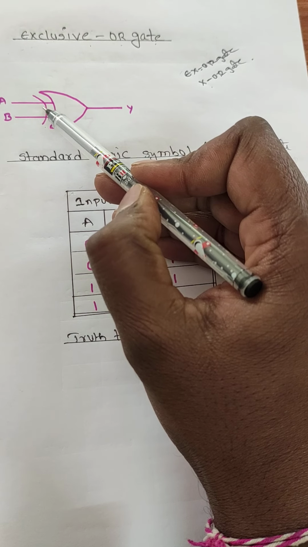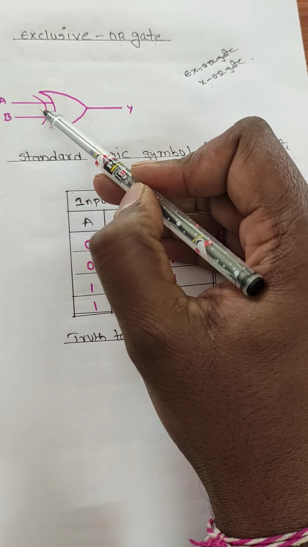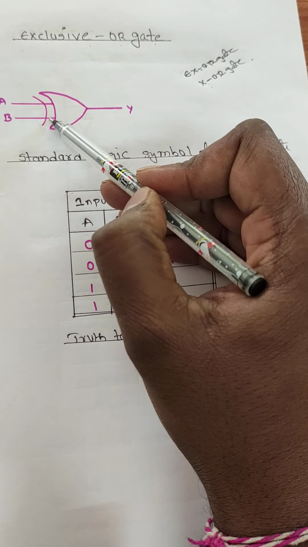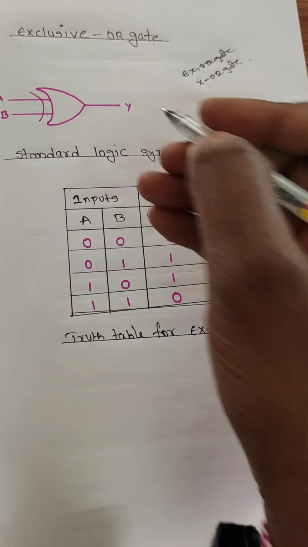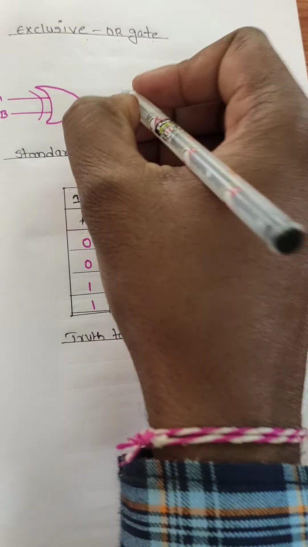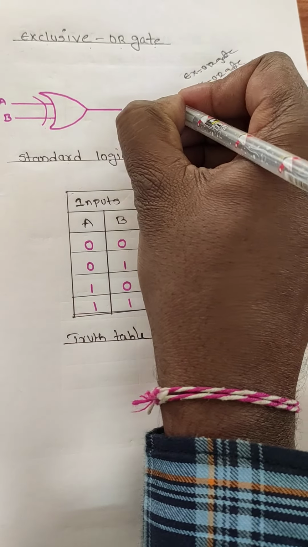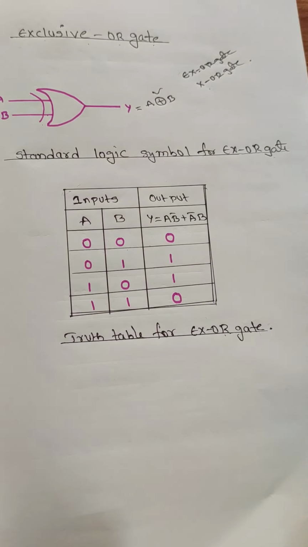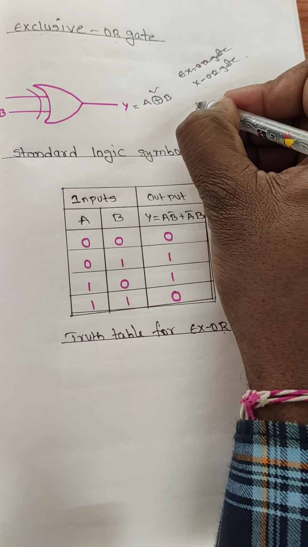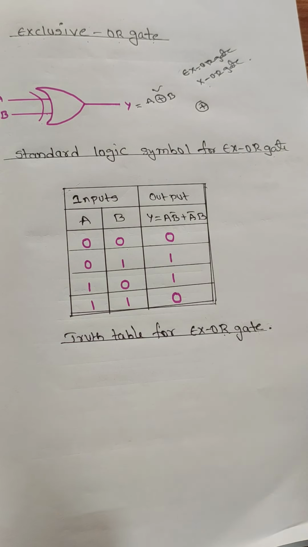In this XOR gate there will be two or more inputs and only one output, that is y equal to A XOR B. This is the XOR symbol: a plus with a circle around the plus.